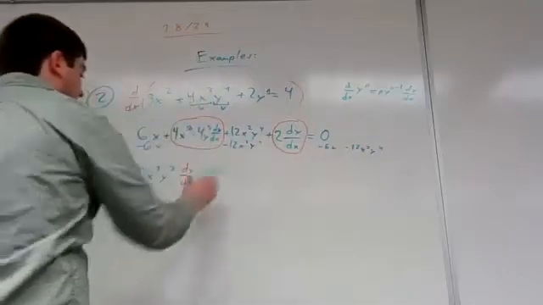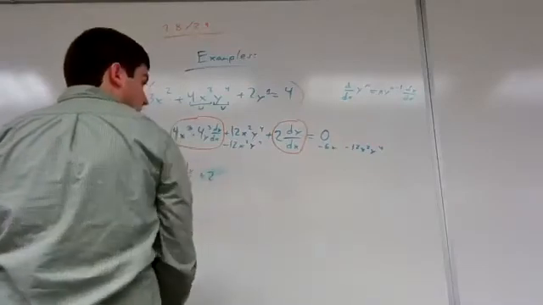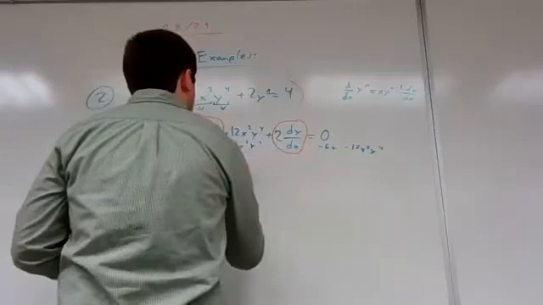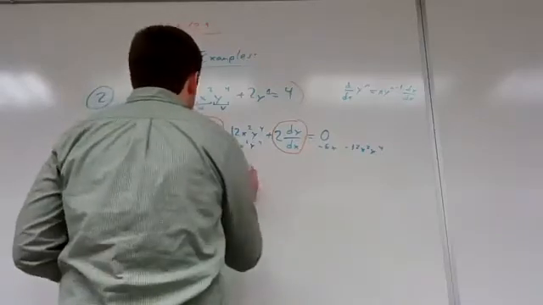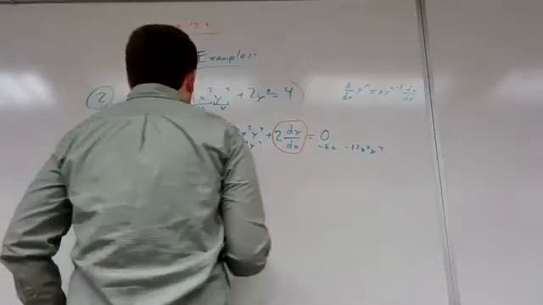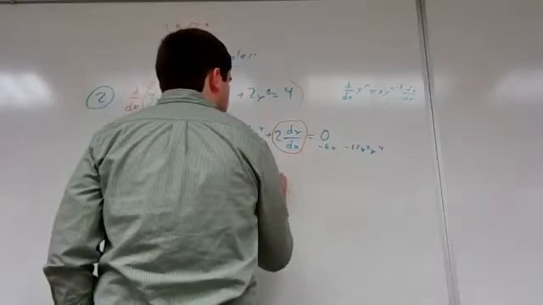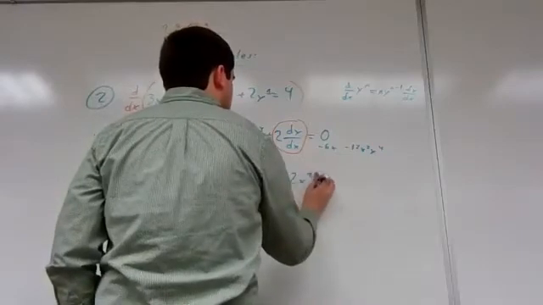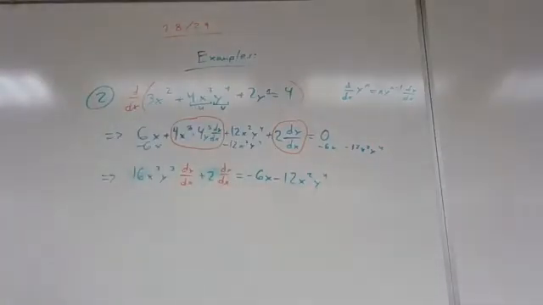Okay, and then we're left with plus 2 dy over dx. And this is equal to minus 6x minus 12x squared y to the 4th. Okay.